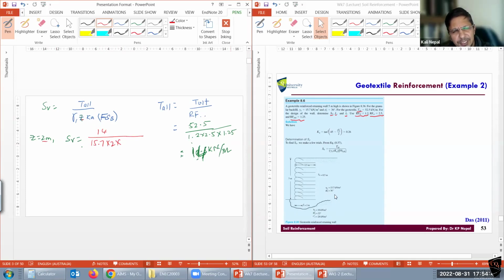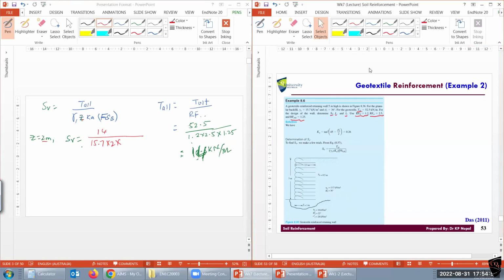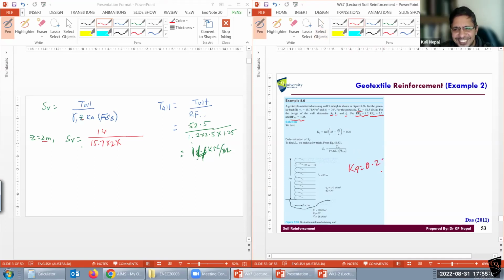I think that's the same as before, right? We had it in the previous problem also. How much is that now? Ka 0.26, same. 0.26. Easy. So 0.26. And then FB.